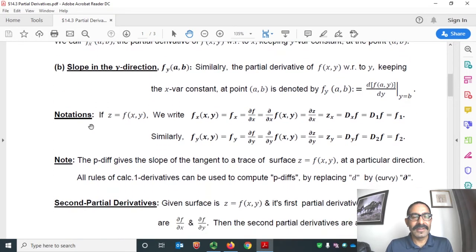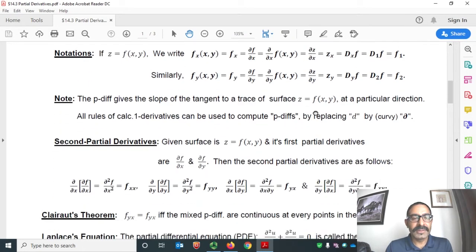Notations. The partial derivatives of f with respect to x are denoted with these notations, and partial derivatives of f with respect to y are denoted by these notations. Awesome.